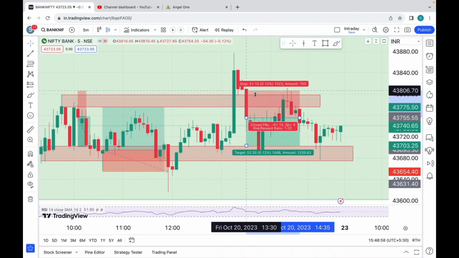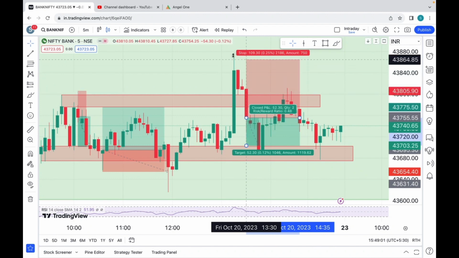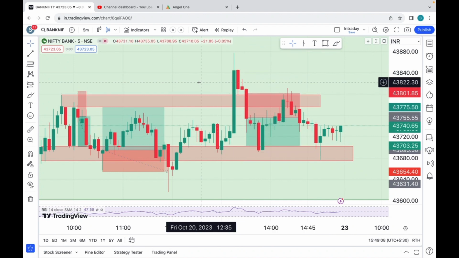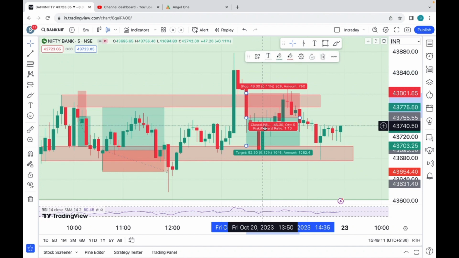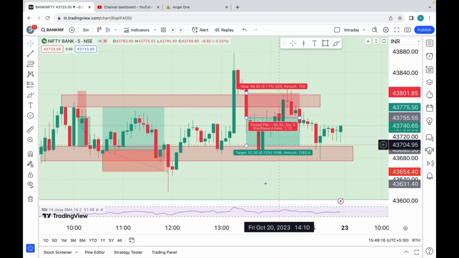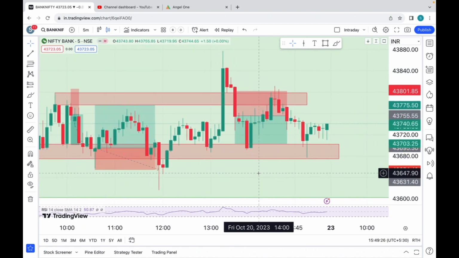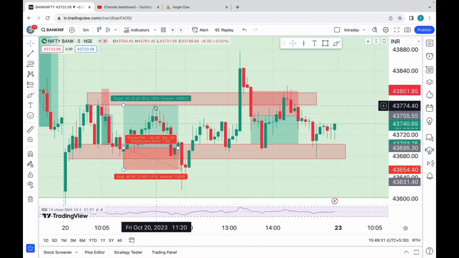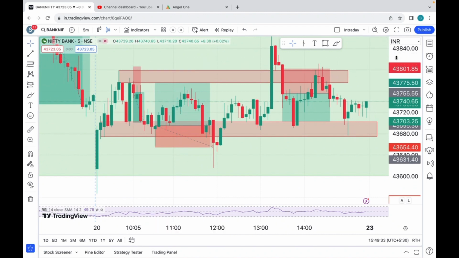And right above this resistance area, since the swing high is very far away, we would recommend you to have your stop loss right above this resistance area, where you had around 1 is to 1.1 risk versus reward ratio. And now this trade worked.